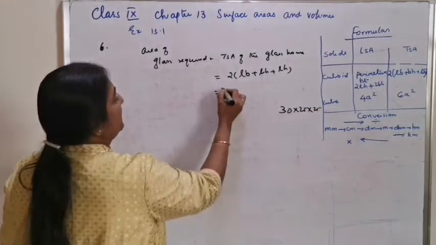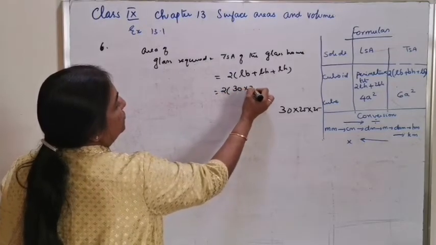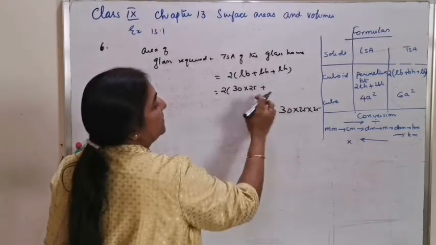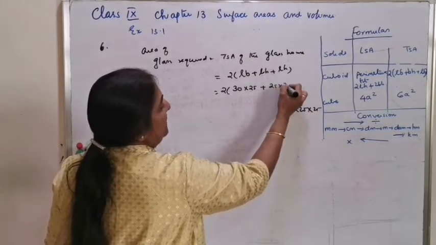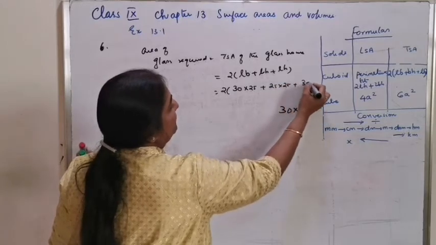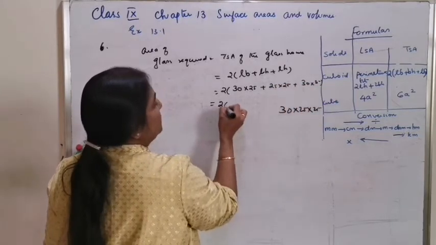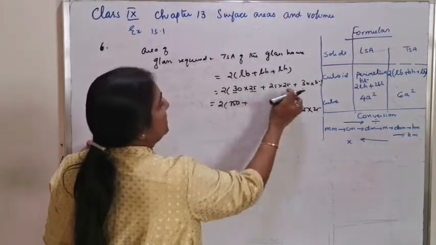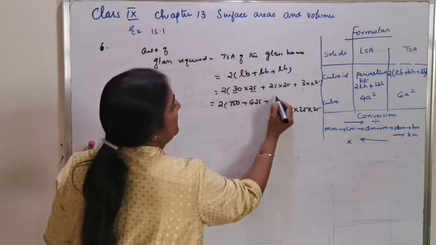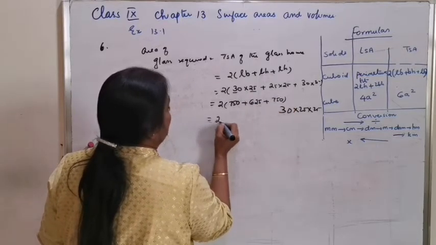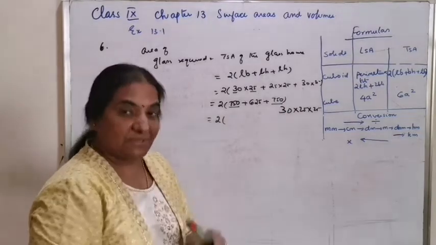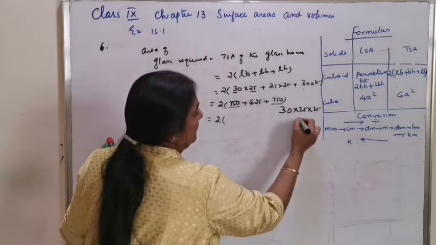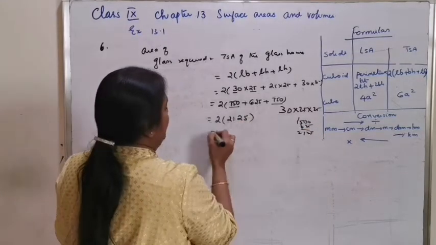That means 30 into 25 plus 25 into 25 plus 30 into 25, which is 2 into 750 plus 625 plus 750, which is 2 into 2125.